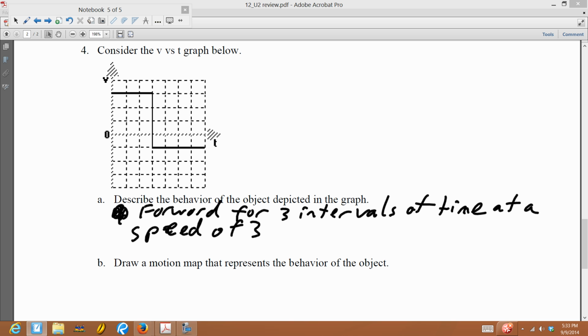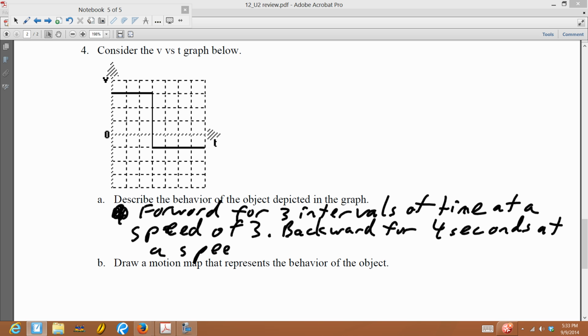I don't know 3 what, meters per second, miles per hour, I just don't know. It doesn't tell me on the y-axis, and that's fine. And then I would say backward, or a negative direction, for 4 seconds, at a speed of 1.